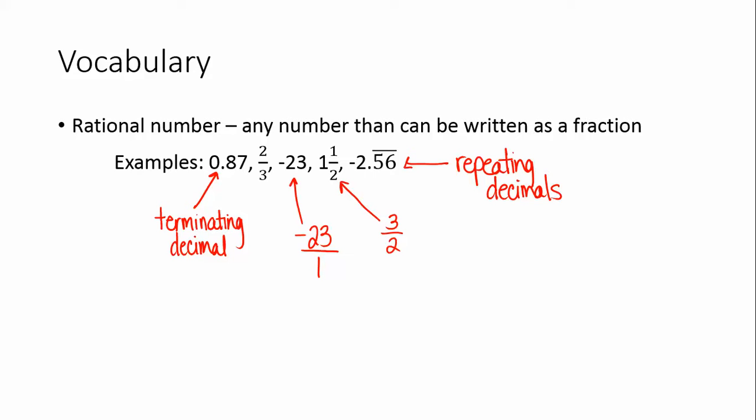We don't spend too much time yet focusing on how to write repeating decimals as fractions, but they can be written as a fraction. If you think about a really common repeating decimal, 0.3 repeating, most of you could probably tell me that 0.3 repeating is 1/3. And for all repeating decimals, you can write them as fractions.